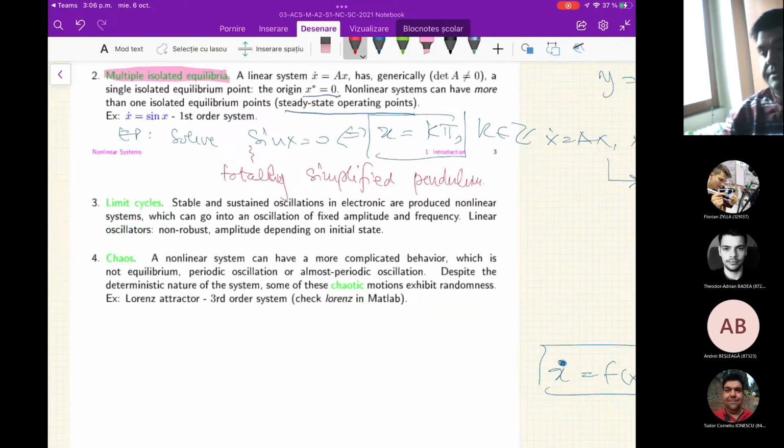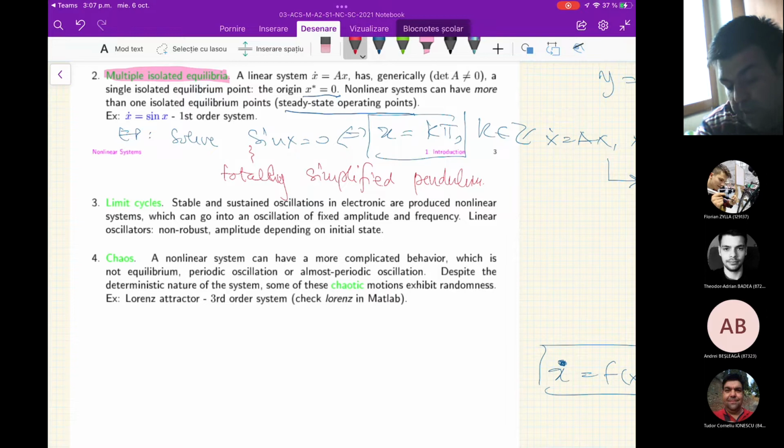Another very important nonlinear phenomenon is limit cycles. This is also nonlinear. It can never be linear.